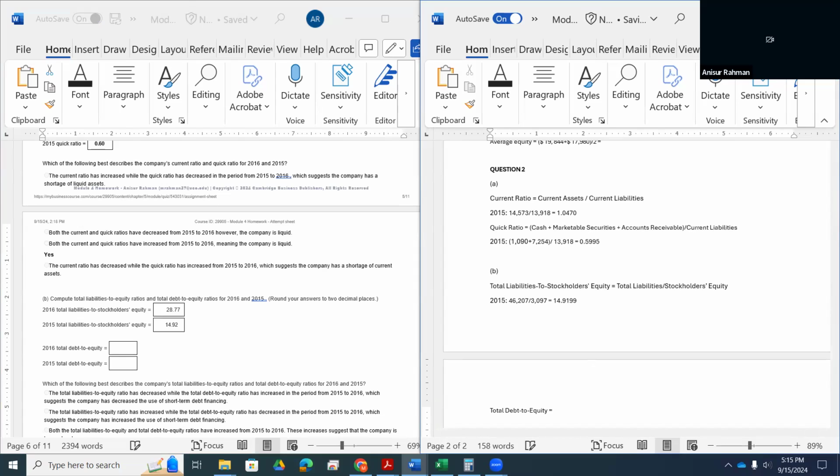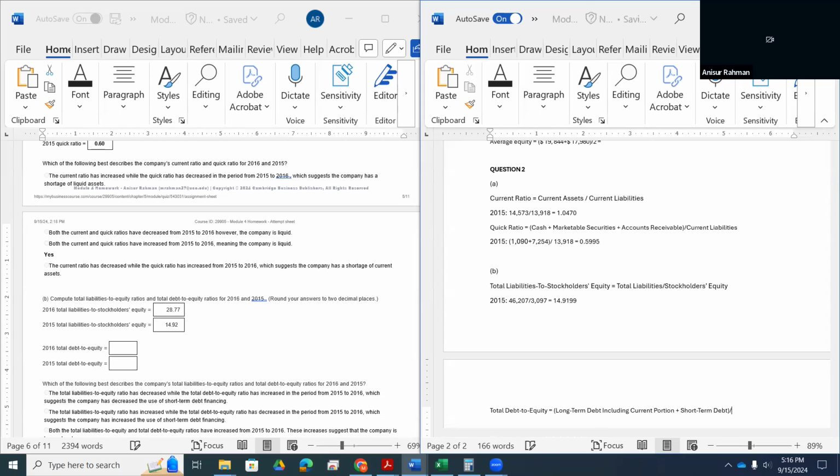So to calculate total debt to equity, in the numerator, we will take long-term debt including current portion of long-term debt plus short-term debt.